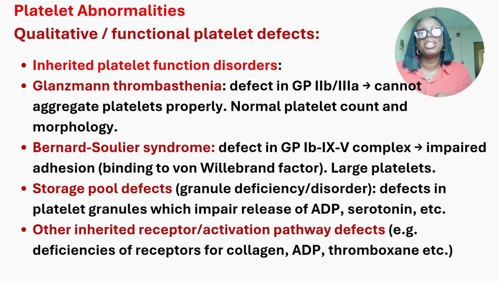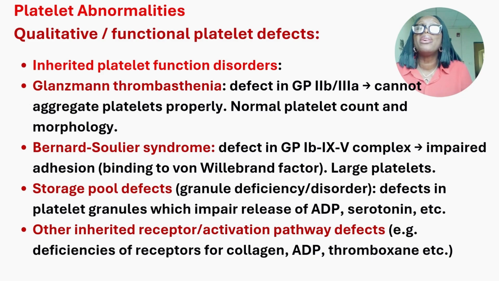In this patient, the platelet count will be normal, the morphology of platelets will be normal, but the function will be abnormal. The function we are referring to in Glanzmann's thrombasthenia is platelet aggregation. The patient lacks the ability to aggregate platelets and form a platelet plug.